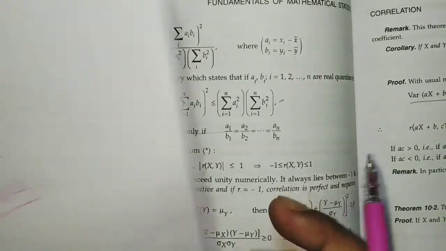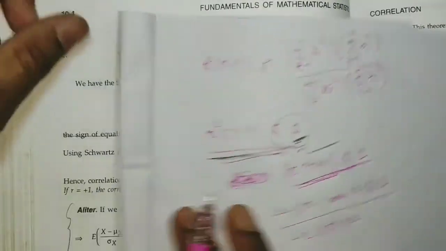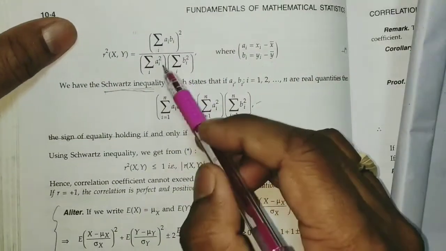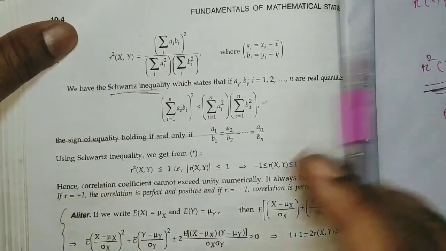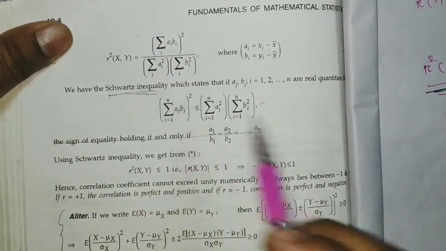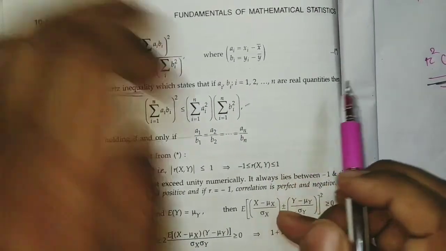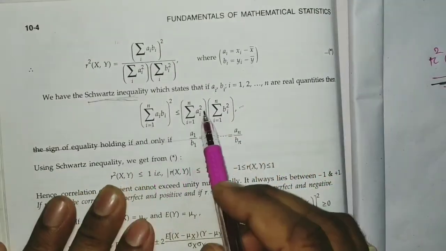Okay, no problem. So I suggest that after this line you write down, we have the Schwarz inequality which states that if this one is in real quantities, then this will be this.